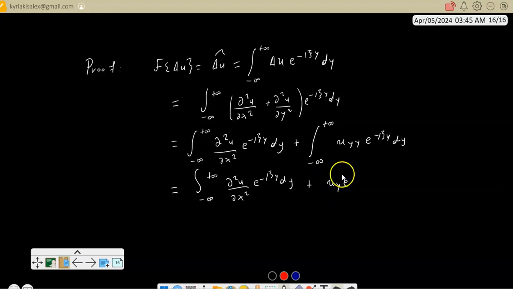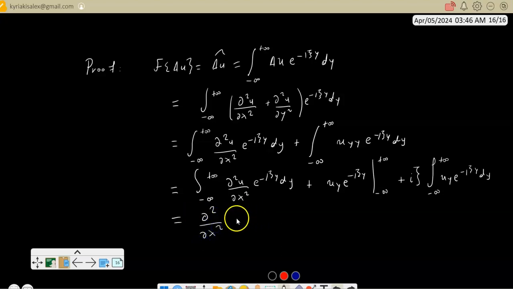It is u_y times the complex exponential, so we apply integration by parts here. Because I have the differential dy, the operator can commute with the integral. So I have the partial derivative with respect to x of the integral of u times the exponential.